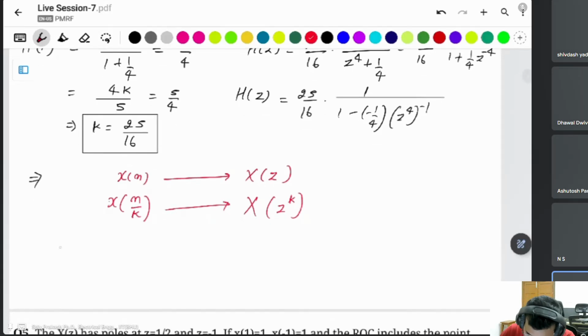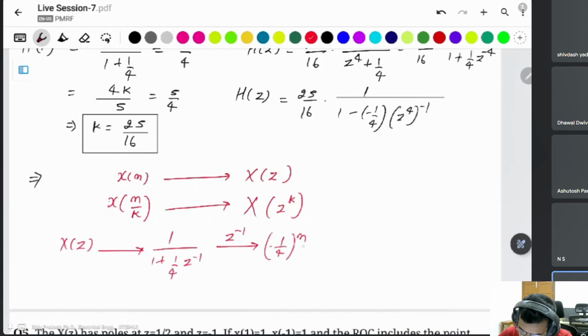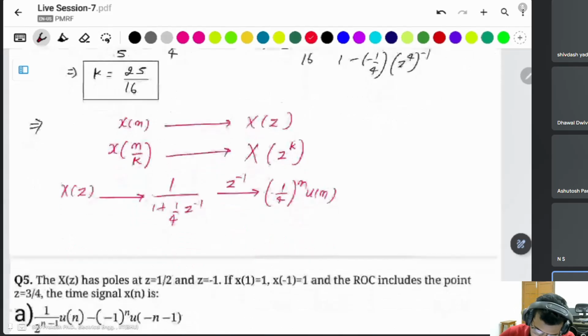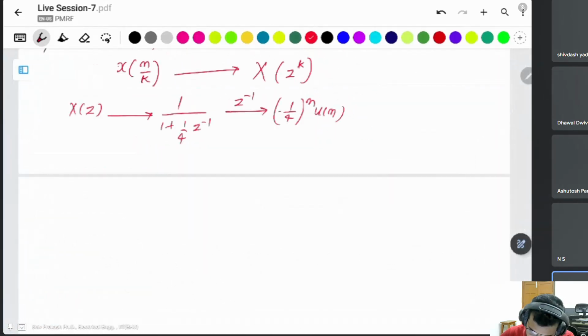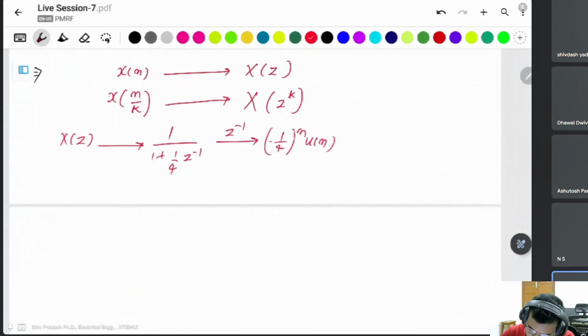Suppose X(z) is given as 1 divided by 1 plus 1 by 4 z inverse, then the inverse z transform of this one is minus 1 by 4 to power of n u(n). All of you know about that. This thing is written as this one.